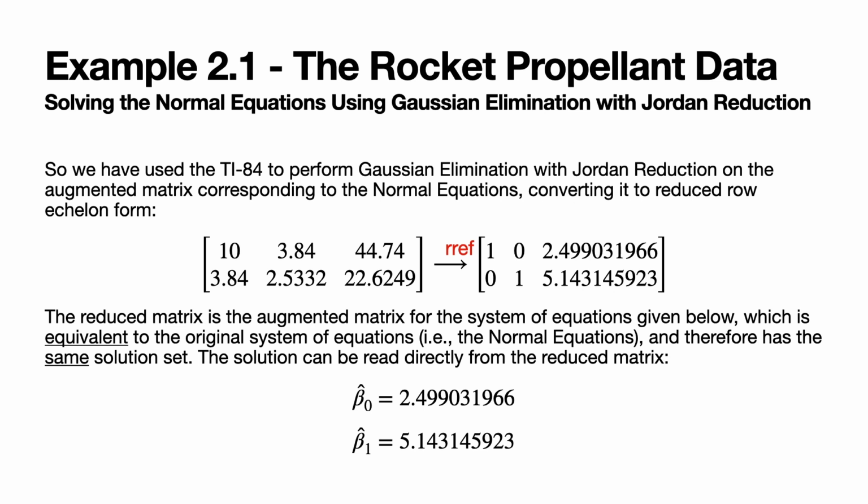The solution to this reduced system can be read directly from the reduced matrix. And so we see that beta 0 hat is equal to 2.499031966, and beta 1 hat is equal to 5.143145923.